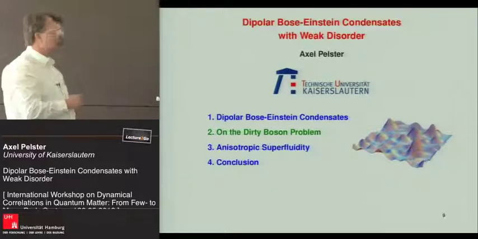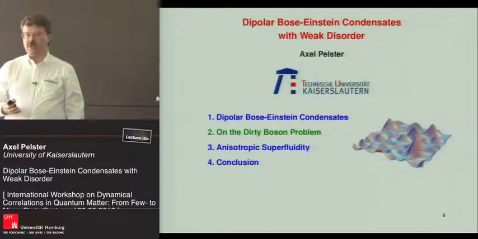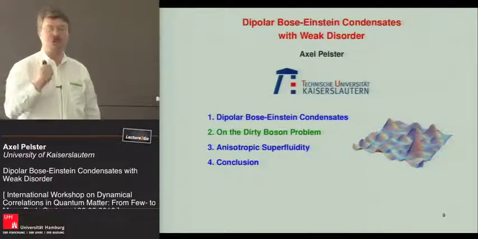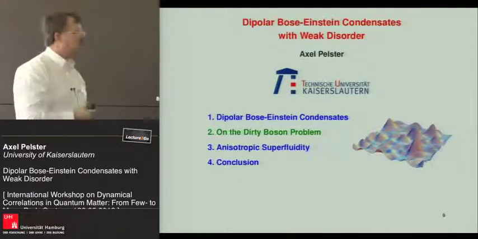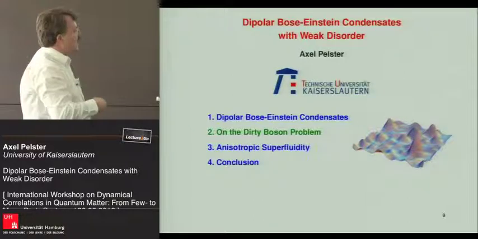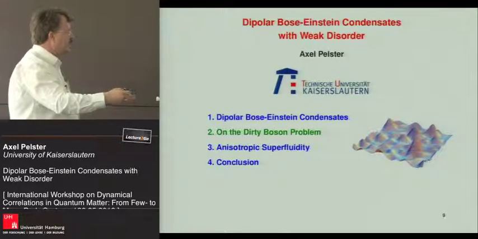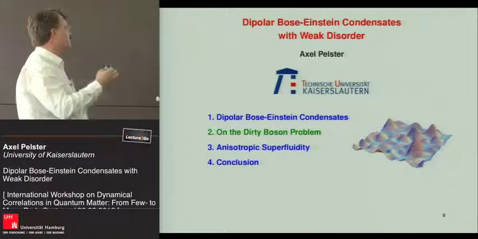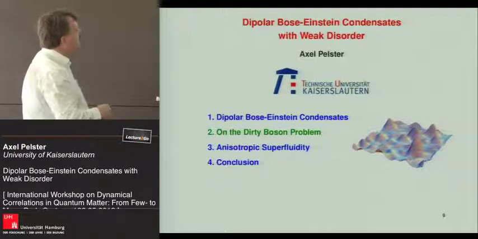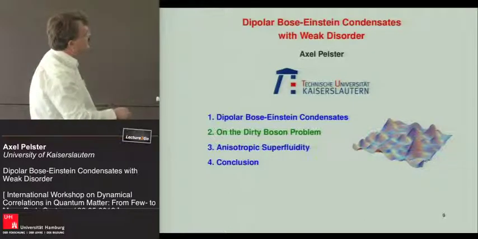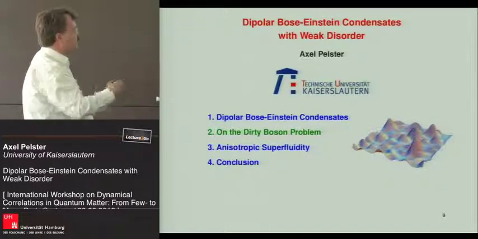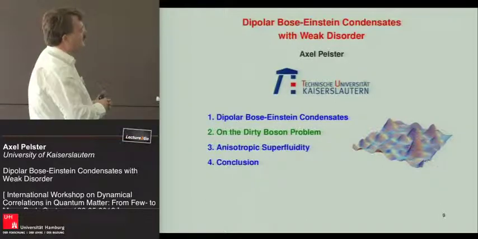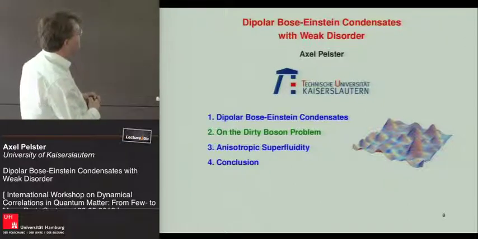Now, this field of disorder is very intriguing, because we know that the field of ultra-cold quantum gases lives from the pure control of one particle and two particle properties. But the real world is different. When we have condensed matter physics, we have all kinds of defects and dirt. So the idea is, with this field of dirty bosons, to fill the bridge between the perfect world of quantum gases and the dirty world of condensed matter physics.